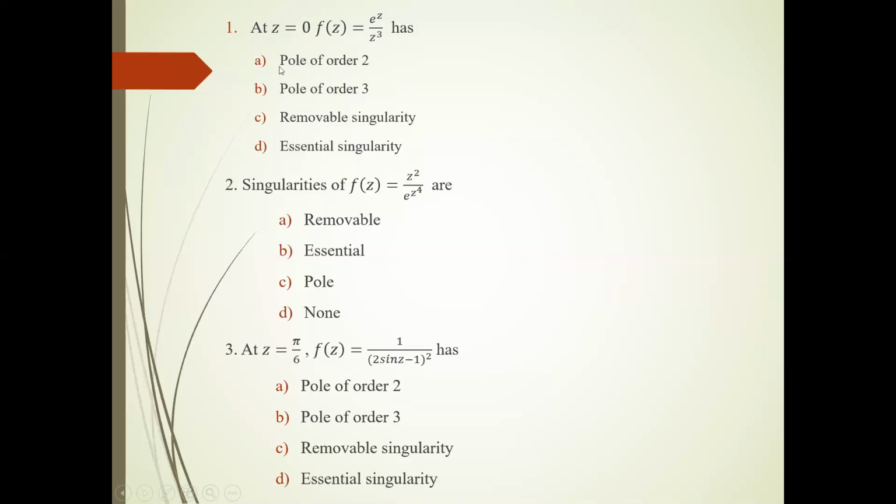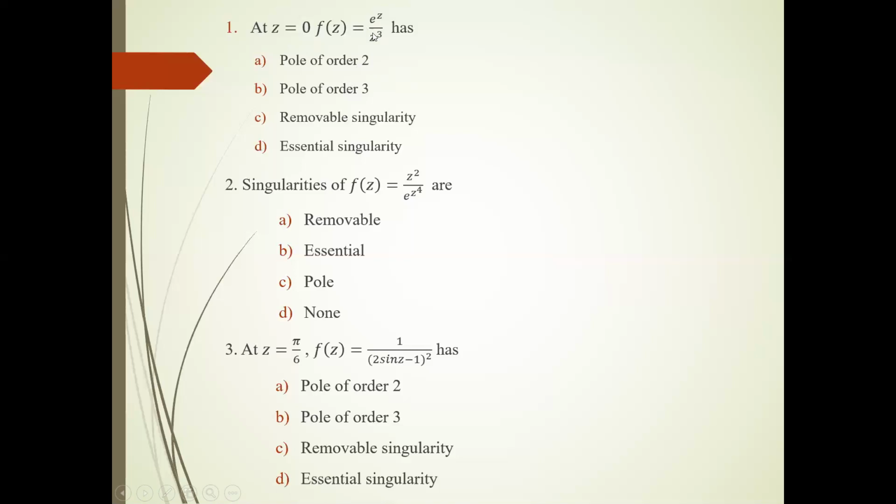In pole there are 2 options: pole of order 2, pole of order 3. As we have seen in the definition, if there exists a positive integer m such that limit z tends to a of (z minus a) raised to m into f(z) exists, then we say that the function f(z) has a pole of order m. So, consider option number 1, pole of order 2. Take (z minus 0) square, so we can write simply z square.